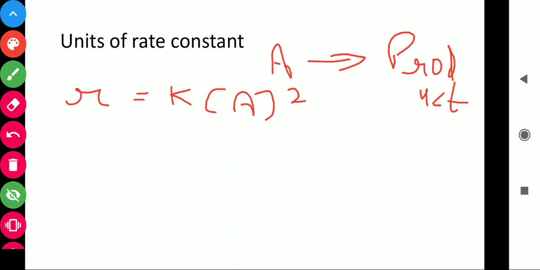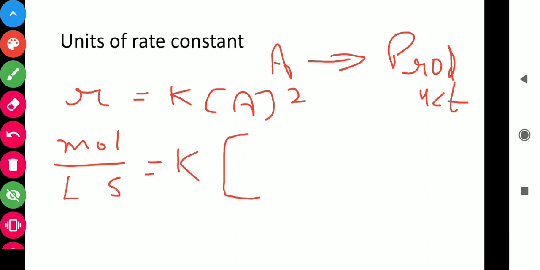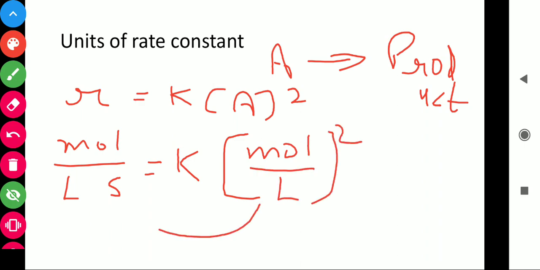Because this is a second order reaction. And when we keep the units, mole per liter second is equal to K. And what is the unit of this concentration? Mole per liter square.